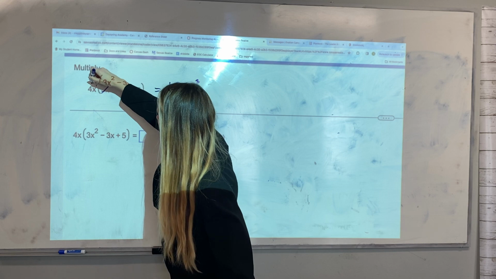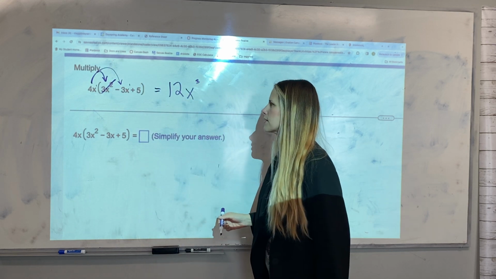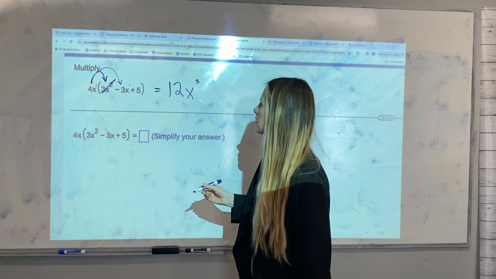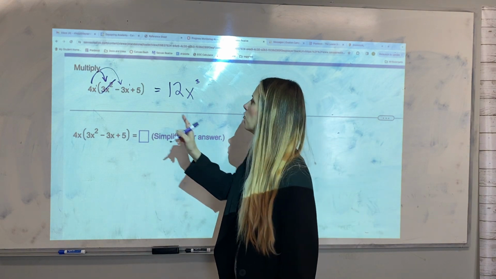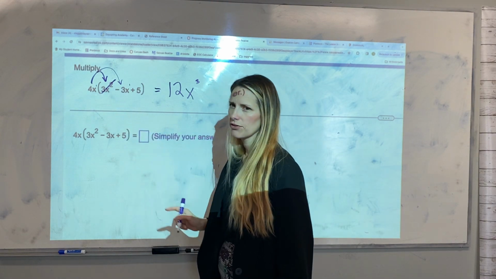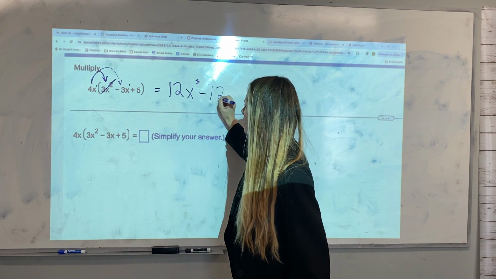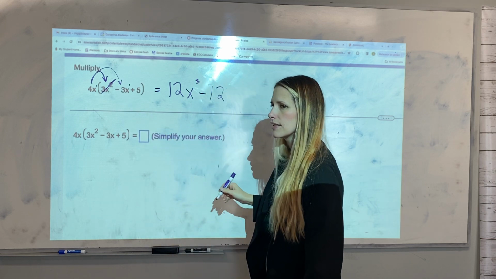Now we have to multiply 4x times negative 3x. So we have 4 times negative 3 is? 4 times negative 3 is negative 12. X times x is?